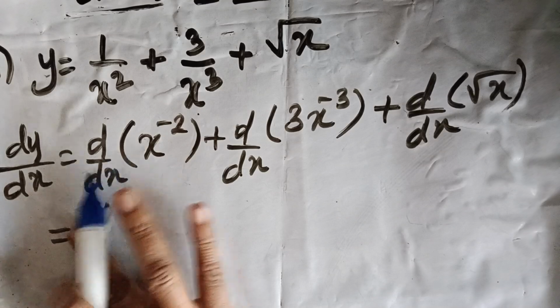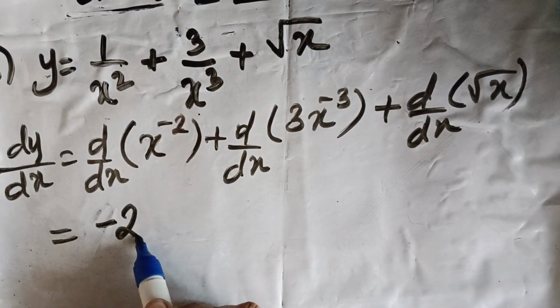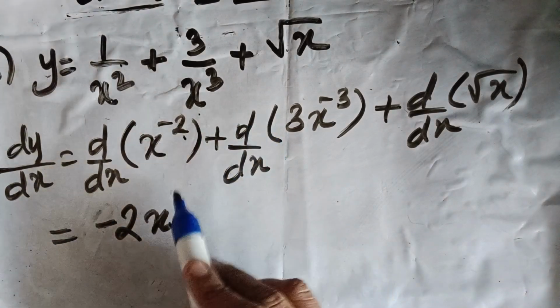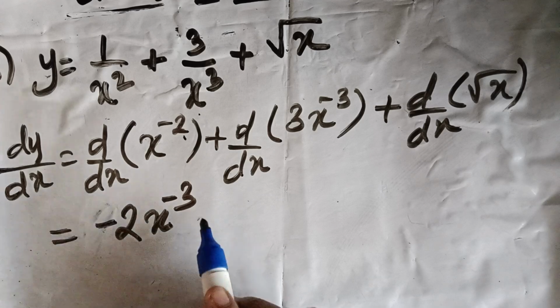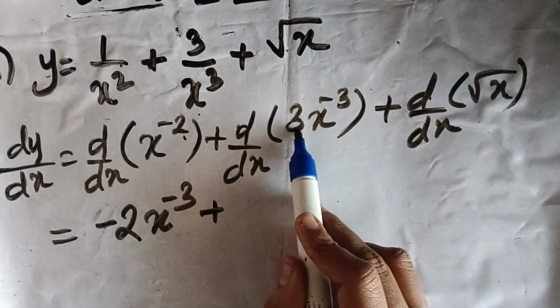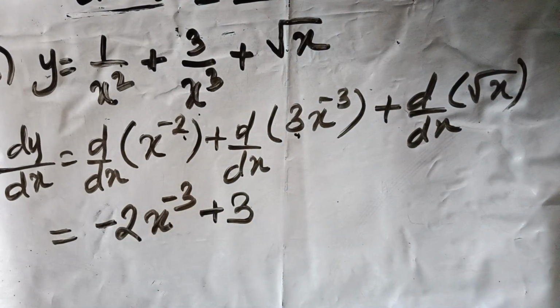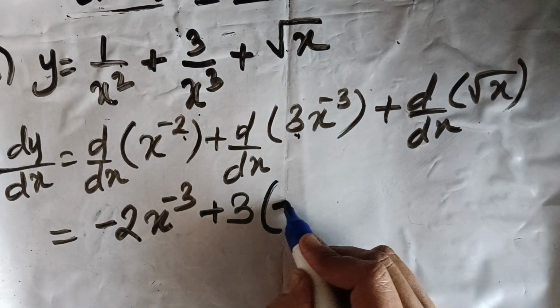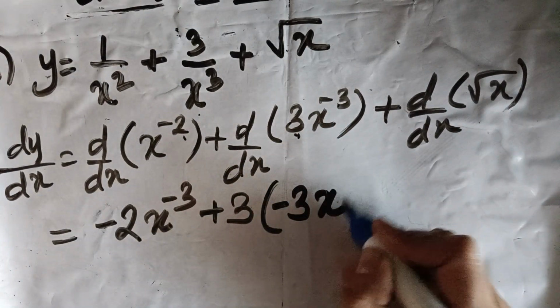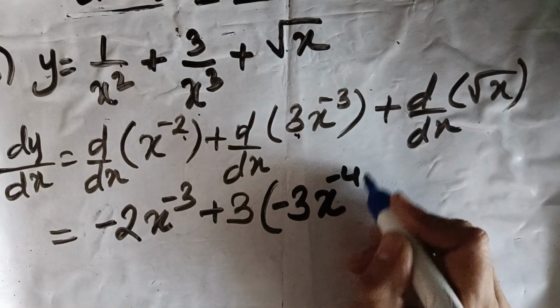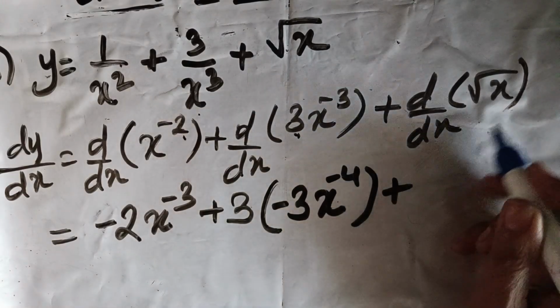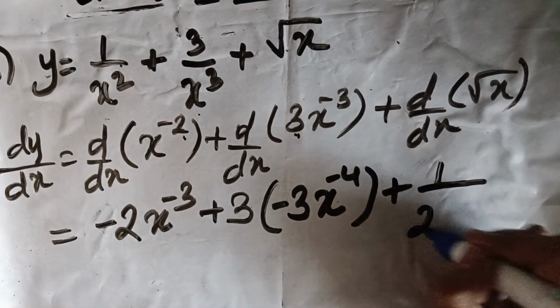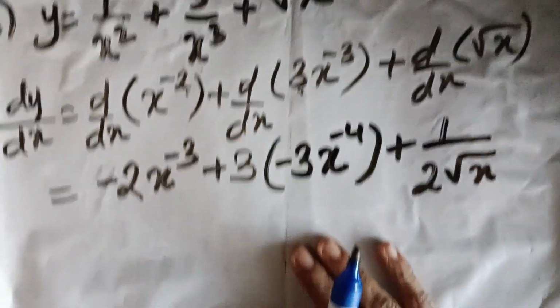So this is minus 2 x to the minus 2 minus 1, which is minus 3. Here 3 is a constant, so you can take out 3. Then differentiating x to the minus 3 is minus 3 into x to the minus 3 minus 1, which is minus 4, plus d by dx of root of x is 1 upon 2 root of x. Correct?